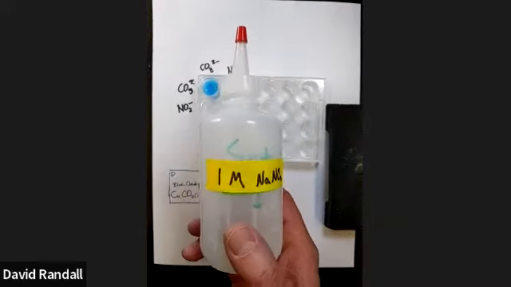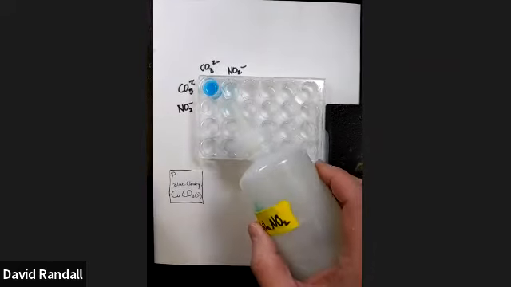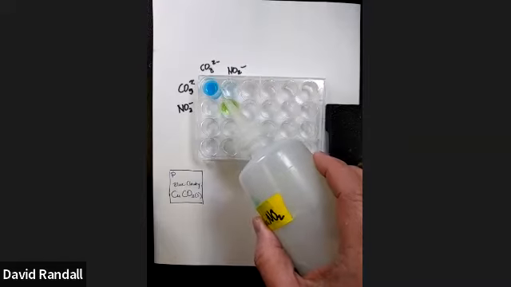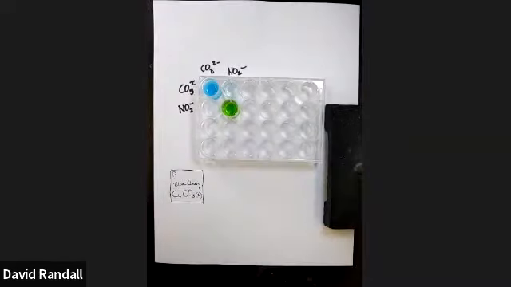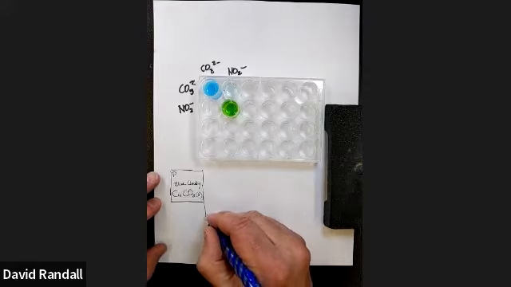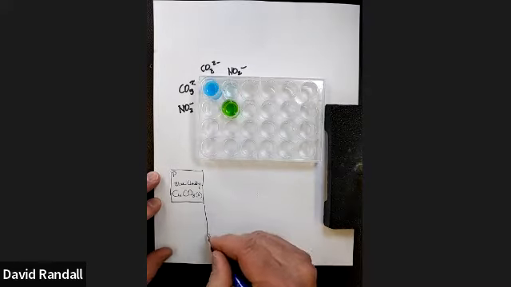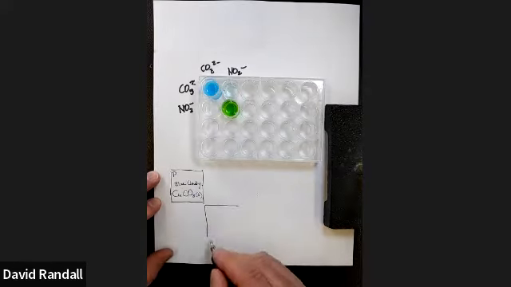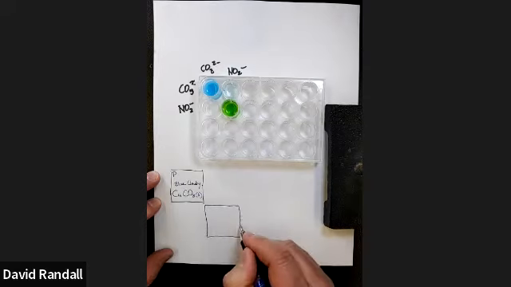Now, in the next diagonal, I'm going to add sodium nitrite. 1, 2, 3, 4, 5, 6. Isn't that a cool green color? I can see, perhaps a little more easily, that it is in fact a clear solution, meaning it's not cloudy.